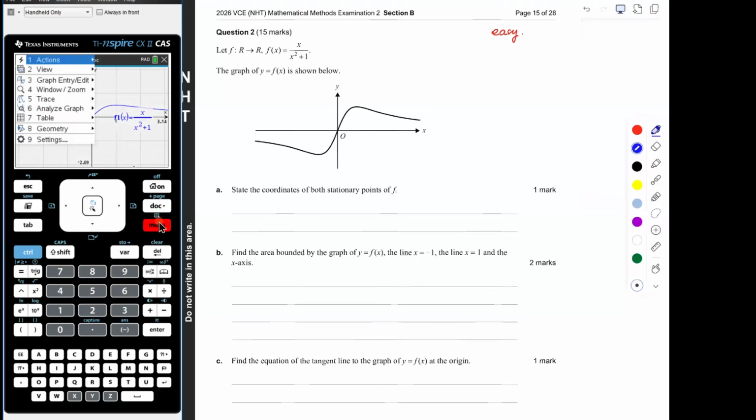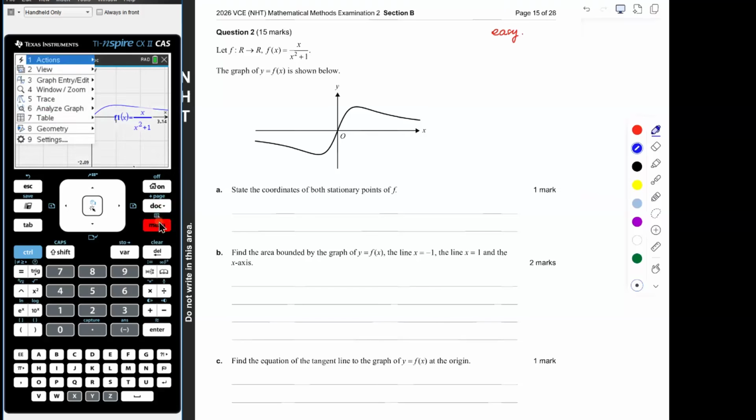And then the area: this region is below the axis, this region is above the x-axis, so they are identical. You have to double the region. And the equation of the tangent at the origin. So basically the two stationary points are (-1, -0.5) and (1, 0.5).